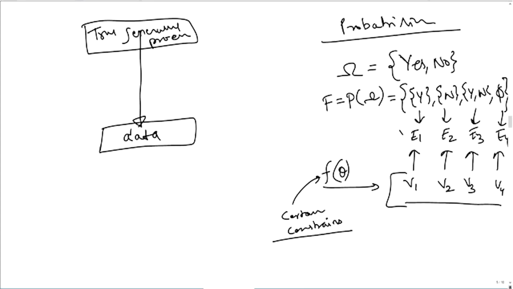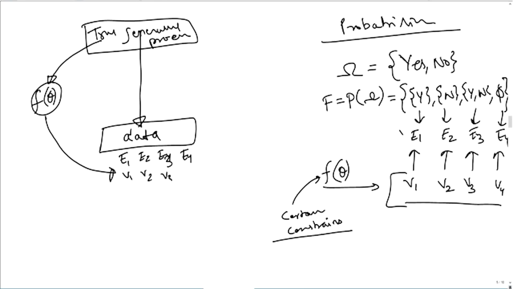What we do is make an assumption that the true generative process is actually a probability assigner function, let's say f of theta. You can assume some other kind of probability assigner function as well, but let's say you assume that the true generative process is a probability assigner function f of theta. This function assigns real values to events in the event space of your experiment.